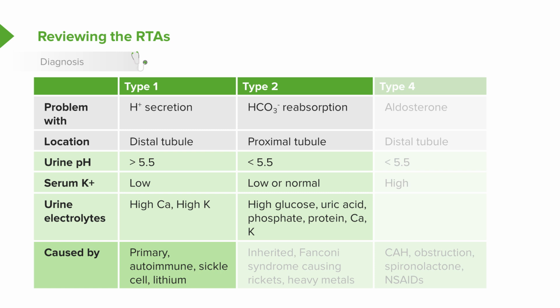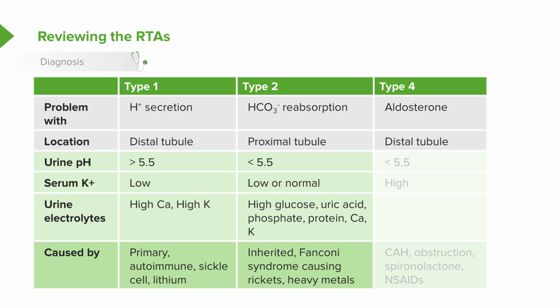This could include high glucose, uric acid, phosphate, protein, calcium, or potassium. Again, this can be inherited. It could be as a part of Fanconi syndrome, which can be caused by a number of things, including, for example, rickets or heavy metal toxicity.